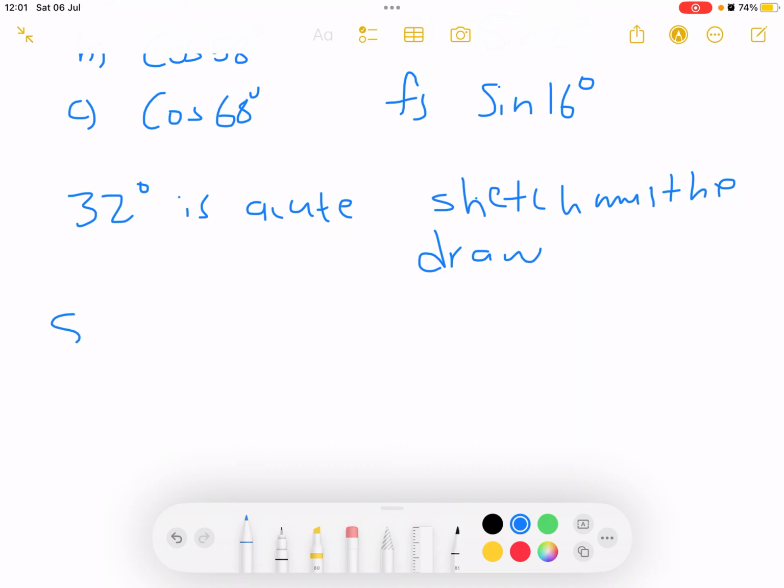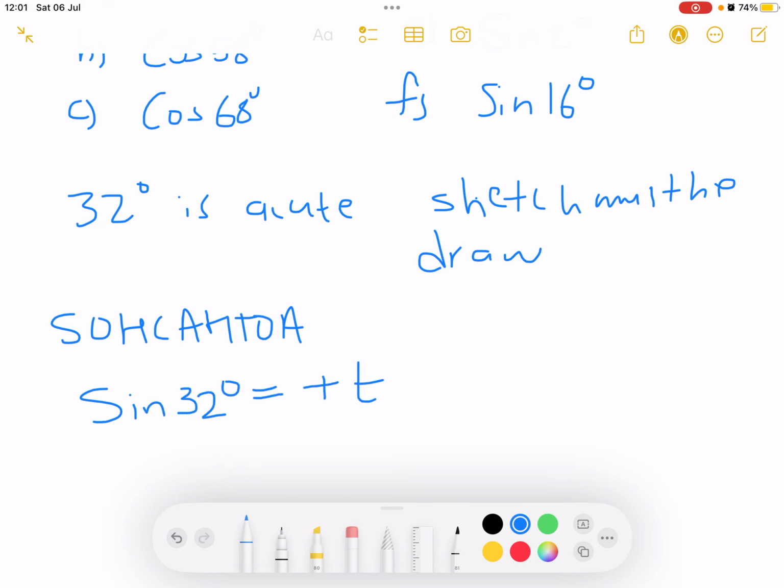And first things first, you look at SOHCAHTOA. Now, sine 32 degrees is equal to a positive value of t, but t can be written as positive t over 1, which means that this is my opposite over my hypotenuse.